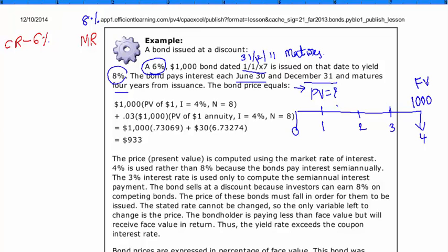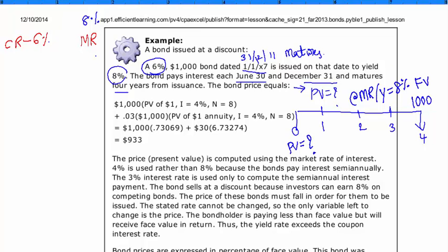That is the face value of the bond. So for calculation of present value, please remember, for discounting you have to take the market rate, or say yield, that is 8%.